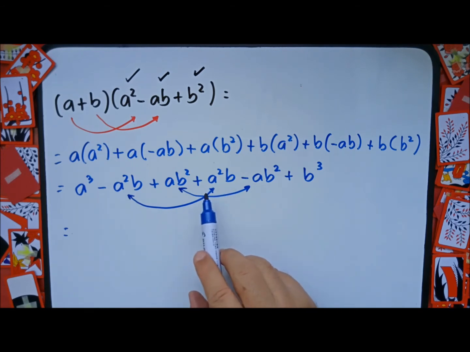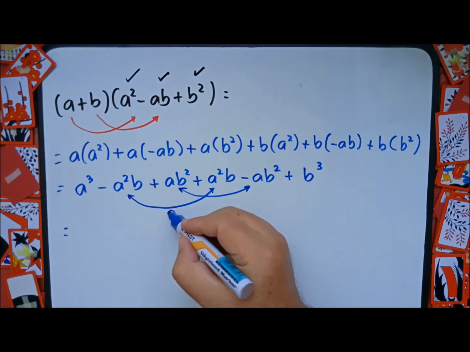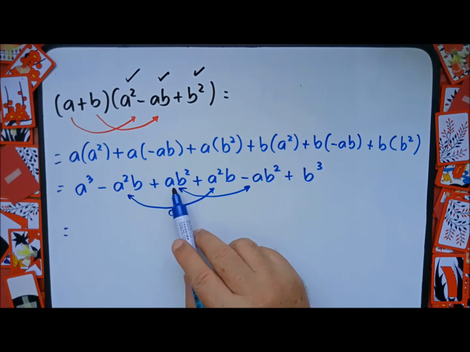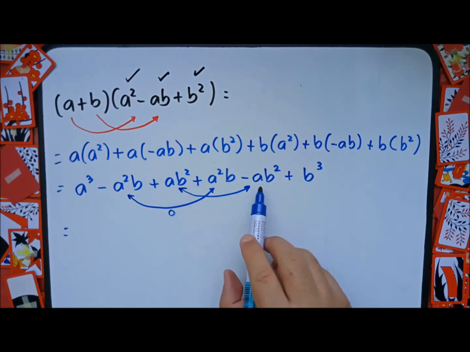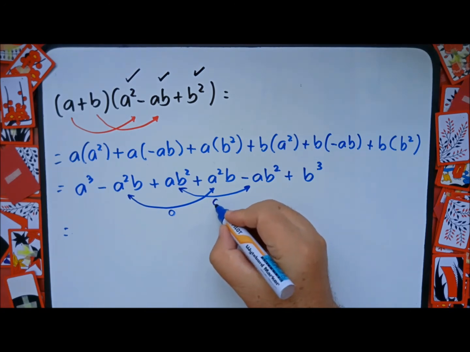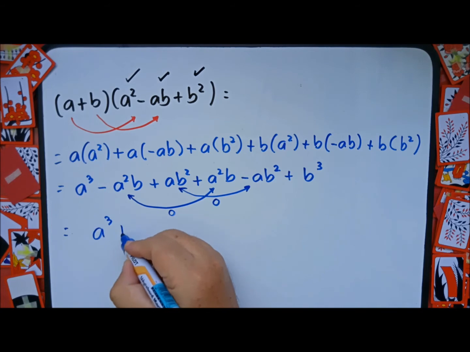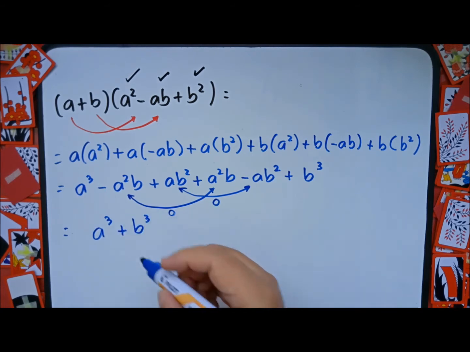Negative 1 plus 1 will become 0. Positive 1ab squared, negative 1ab squared, positive 1 minus 1, this will become 0. So what will remain is a cubed plus b cubed.